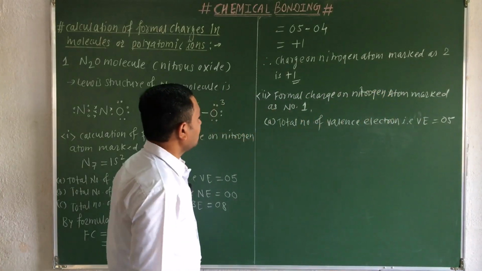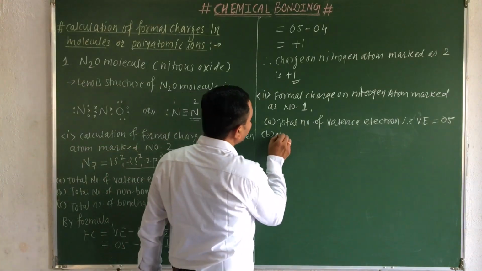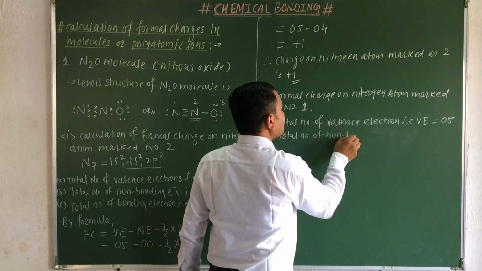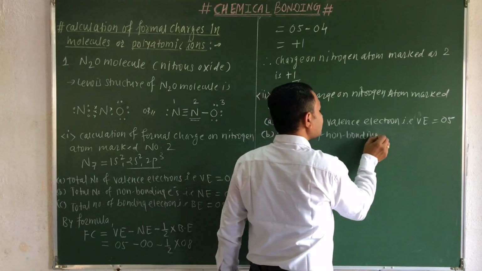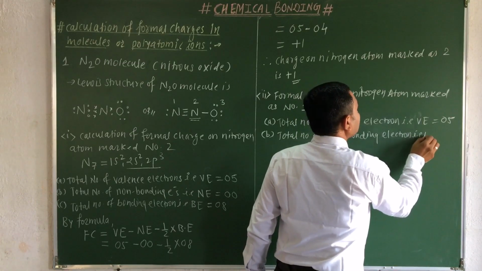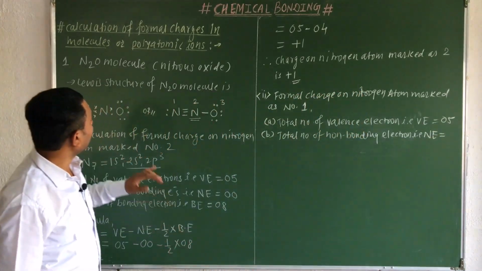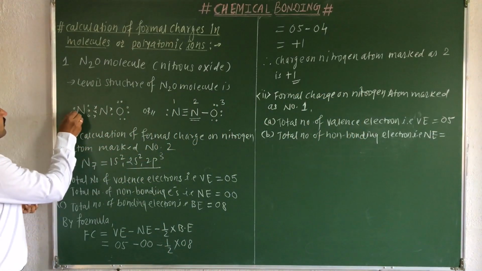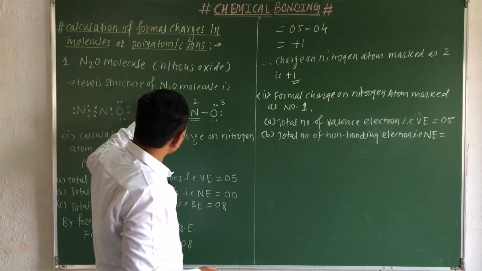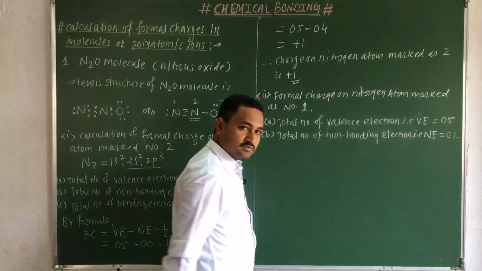Okay, now for the nitrogen number 1 we will find out the total number of non-bonding electrons, that is Ne equals to how many? Now here you can observe this is the lone pair of electrons which is present on the nitrogen atom. So the total number of electrons in the one pair is 2, therefore its value will be 2.